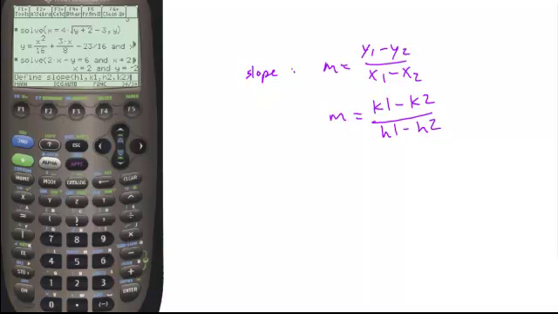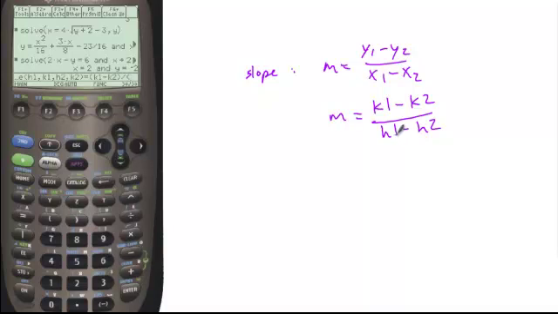Once I order my inputs, I can then use equal to tell the calculator I'm going to start my calculation here. And the calculation I'm going to use is this equation. So in parentheses, I'm going to take the difference of my y's. I'm going to use k1 minus k2. The order could be changed, it doesn't matter. And I'm going to divide that by the difference of my corresponding x's.